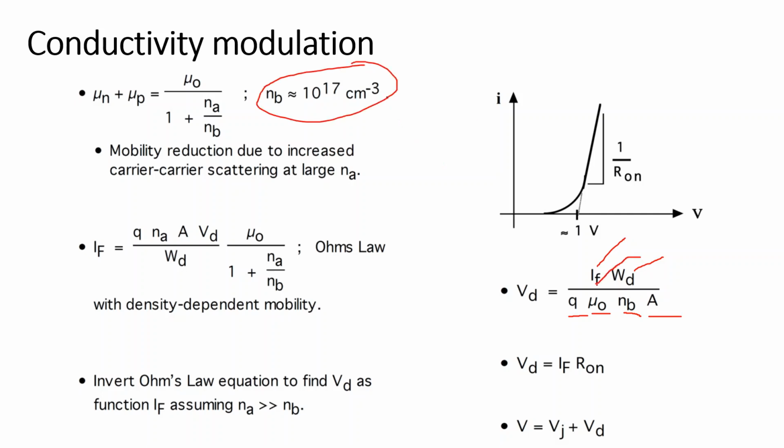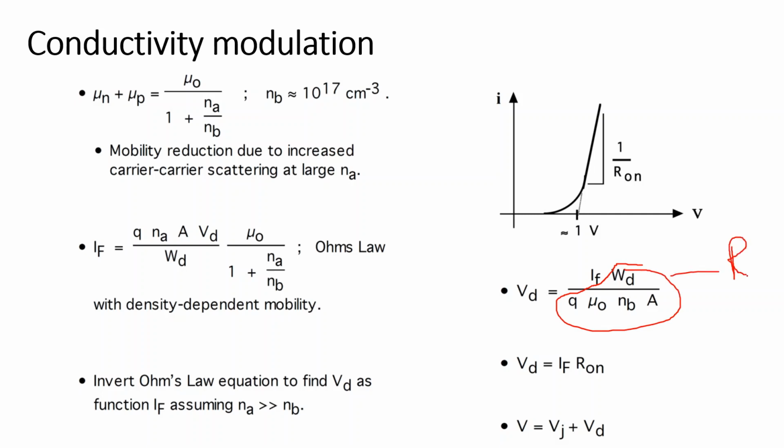So the terms multiplied with the current here are constant. So this whole is the resistance, or on state resistance, R on. So we get this expression, Vd is If times R on, where Vd is the voltage drop in the drift region.